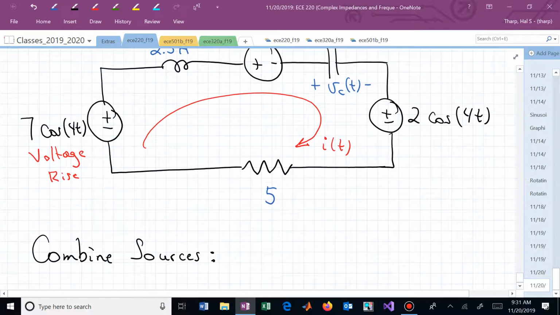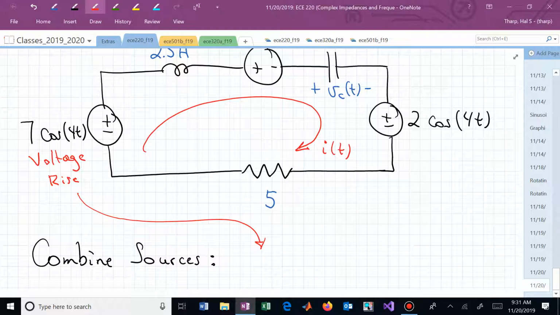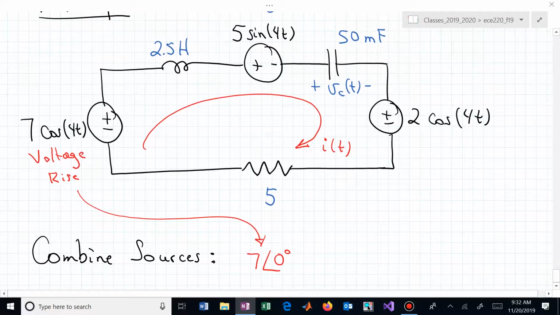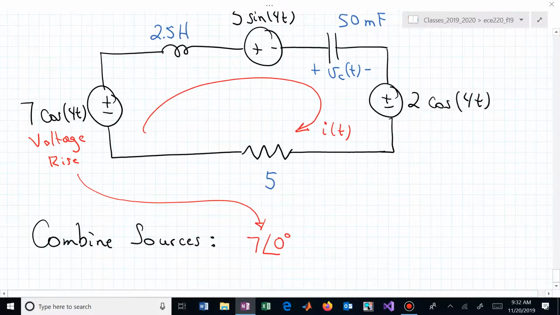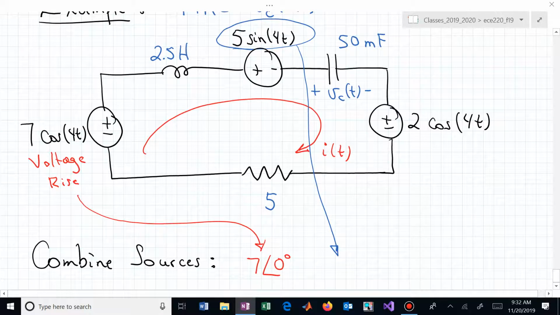Now, in terms of phasors, how does this one get converted? Now we want to convert this one. What does it look like?